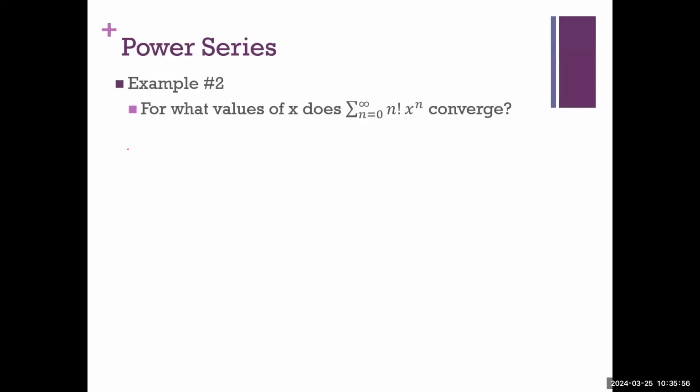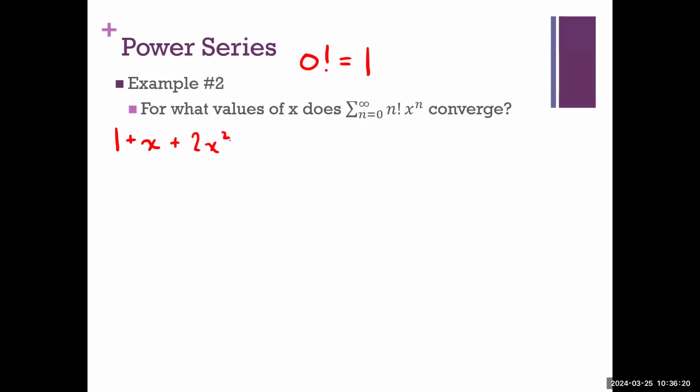The first term should be, do we know what 0 factorial is? It's 1. So the first term should be 1. And then the second term should be x. So starting off kind of like it did before, right? Then plus 2 factorial x squared.